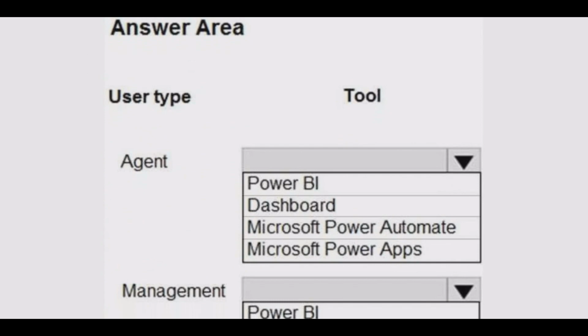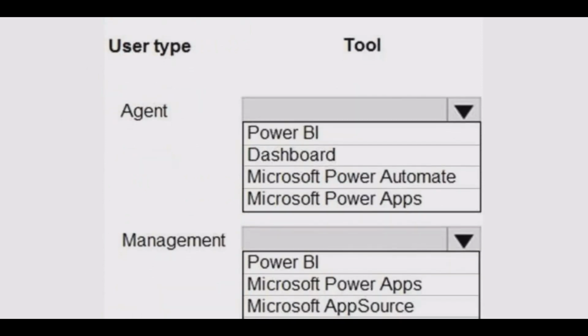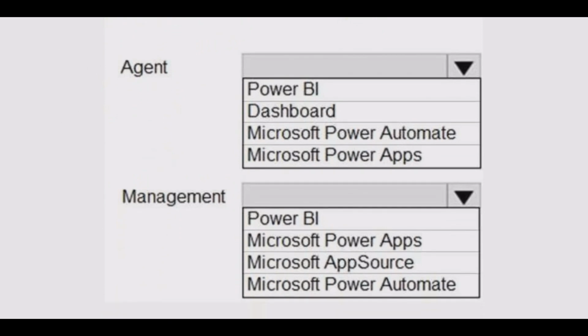Our user type is agent and the options for the tool are Power BI, Dashboard, Microsoft Power Automate, Microsoft Power Apps. Our next user type is management and the options for the tool are Power BI, Microsoft Power Apps, Microsoft Apps Source, Microsoft Power Automate.